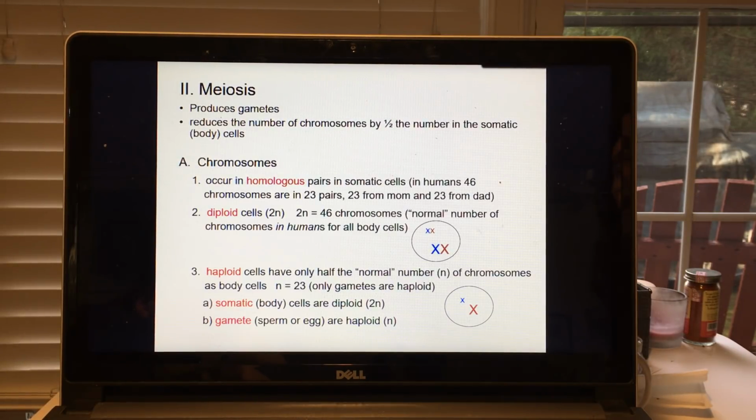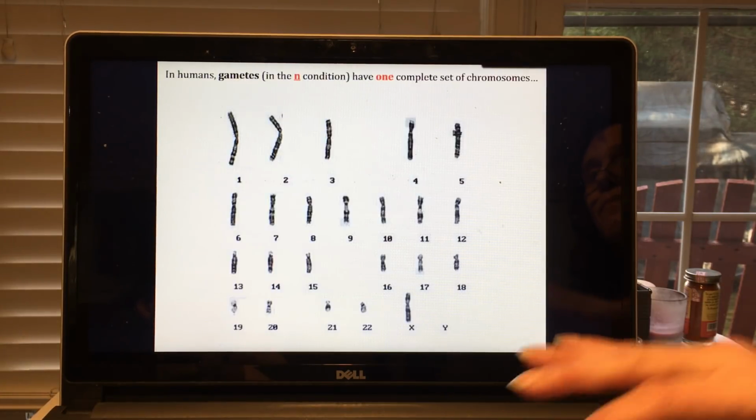And that's because there are X and Y chromosomes that determine whether you are male or female, and so it would have been very confusing if they had said 2X and X, because 2X means you're a female, and so it already has another meaning in this particular unit. So, the letter N is used instead of the letter X.